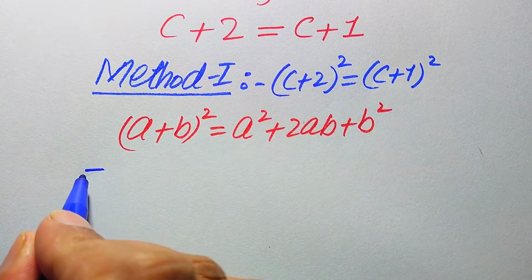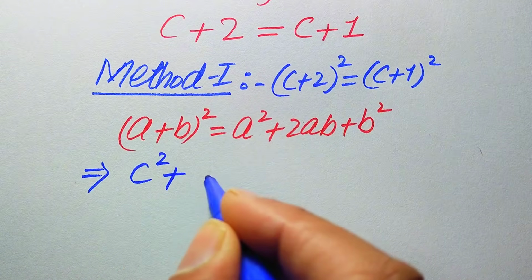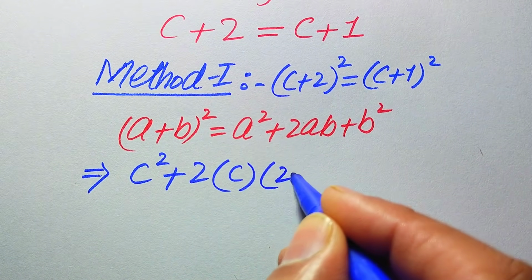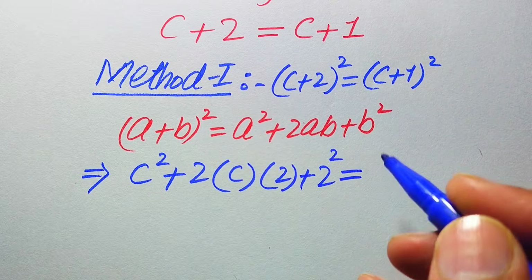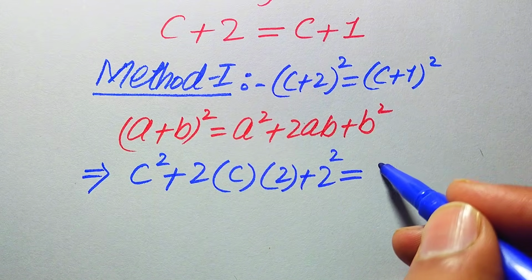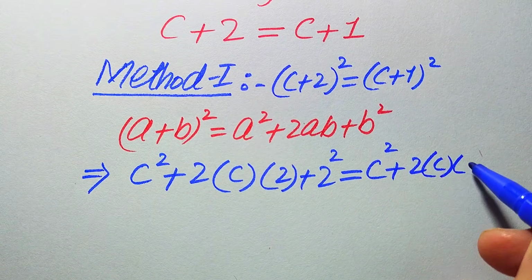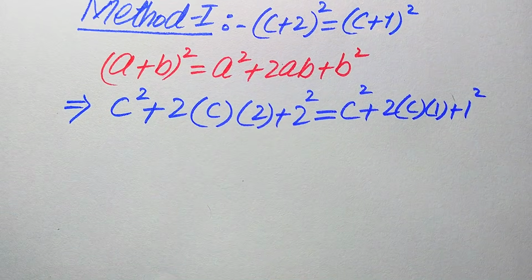When we apply this formula on both sides, it becomes c squared plus 2 times ab, where a is c and b is 2, plus b squared, so 2 squared, equals, and now we apply this formula again to the right-hand side, and it becomes c squared plus 2 times c into 1 plus 1 squared.